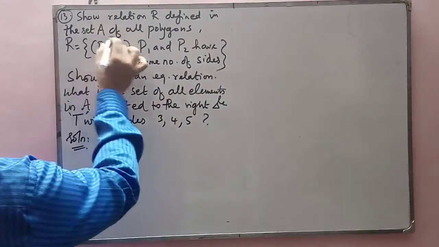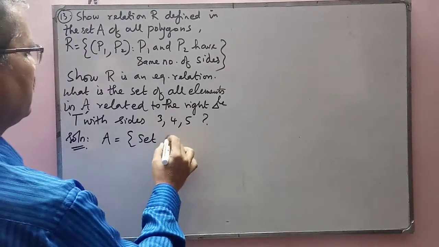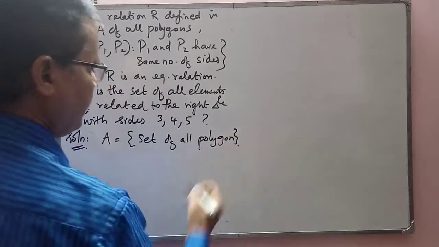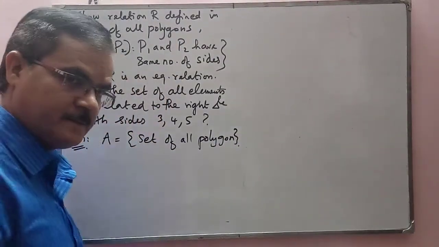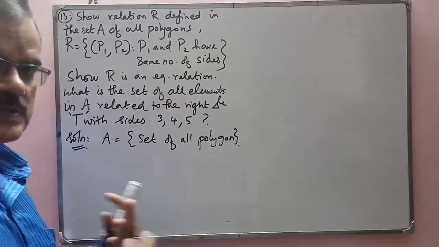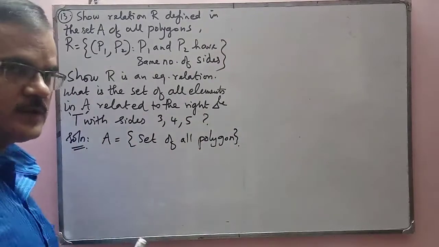First, you take set A of all polygons. A equals the set of all polygons. What do you mean by polygon, children? Yes, it may be a regular polygon, irregular polygon, triangle, square, quadrilateral, whatever shape you are going to say, all are called polygons.